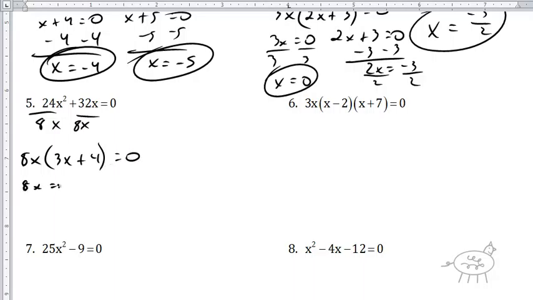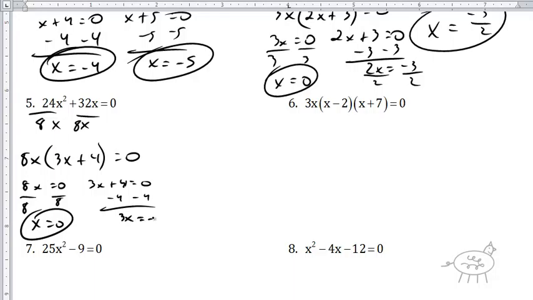So 8x equals 0, 3x plus 4 equals 0. Divide by 8, x equals 0. Subtract 4 here, so 3x equals negative 4. Divide by 3, x is negative 4/3. So 0 and negative 4/3. Not bad.